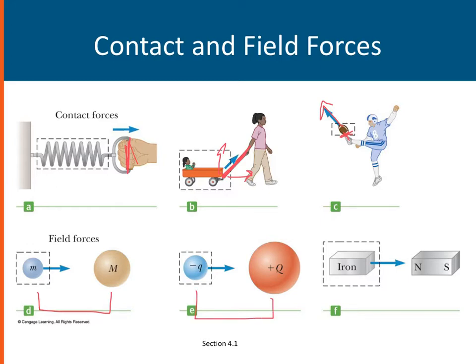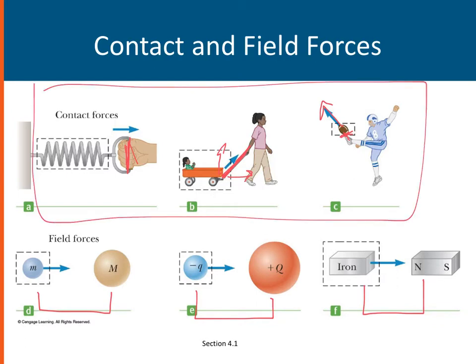Two charges that have opposite charges will attract each other because of the electrostatic force, and then this is depicting a magnetic force where we have a magnetic field created by the magnet and it attracts the iron. In this unit, we are going to primarily deal with contact forces. We'll talk a little bit about this field force.